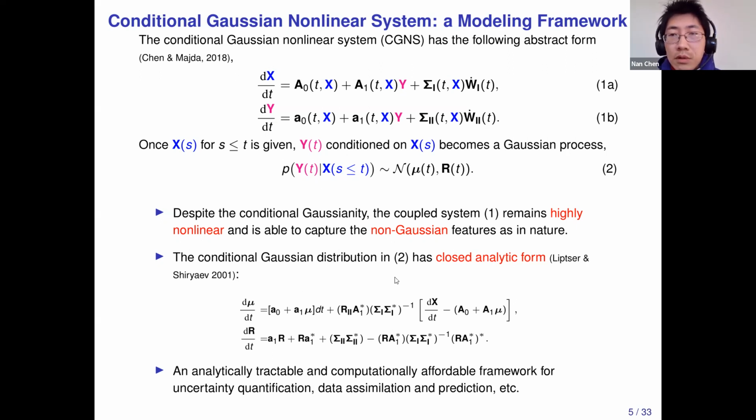Such a closed analytical formula will help us deal with the systems from a rigorous mathematical point of view, and we can also save a lot of computational cost. So we can study important topics like uncertainty quantification, data assimilation, and forecast.